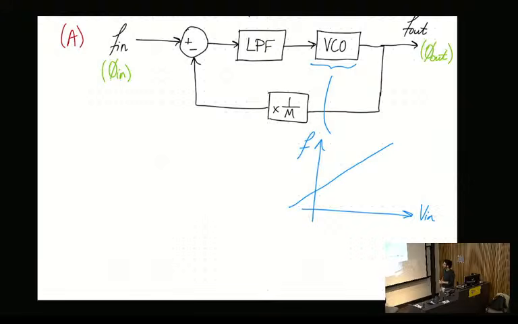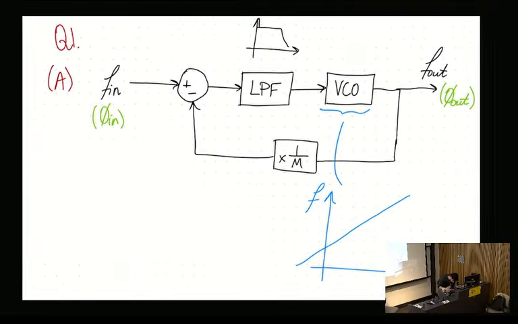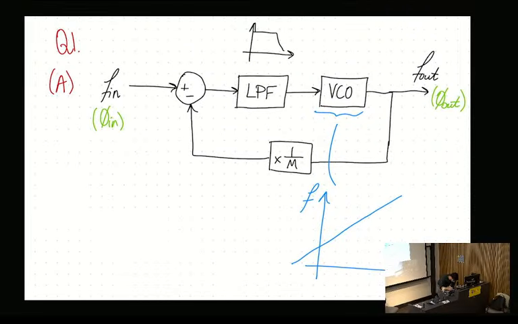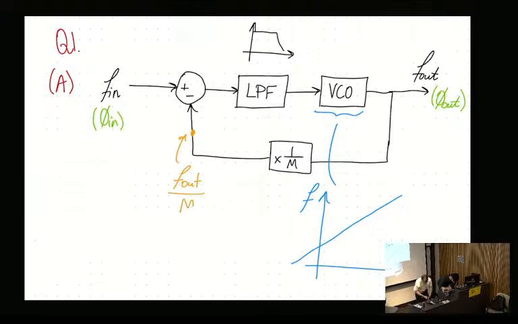Okay. And now how does this actually functionally work? This error signal compares the input signal, F in, to some reference signal at the output. This signal here is F in multiplied by 1 on M, F out on M. So it's the output signal, and it traverses through the output and is compared with the input signal.